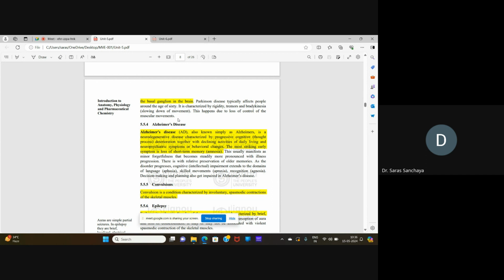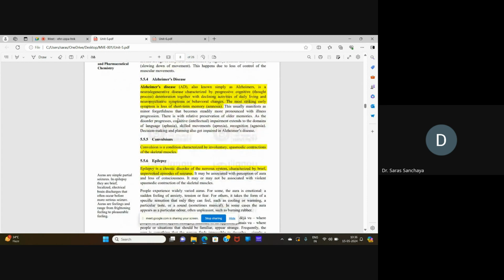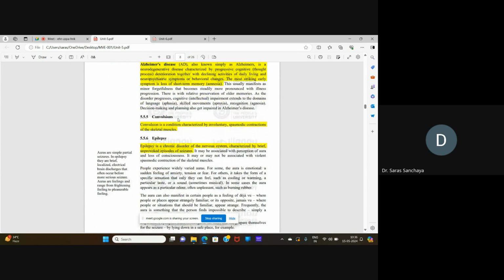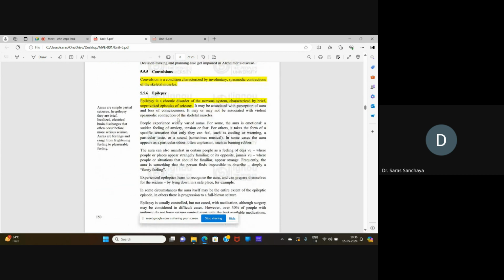The most striking or early symptom is loss of short term memory or amnesia. Convulsions. Convulsions is a condition characterized by involuntary spasmodic contractions of the skeletal muscles. Epilepsy. Epilepsy is a chronic disorder of the nervous system characterized by brief, unprovoked episodes of seizures.